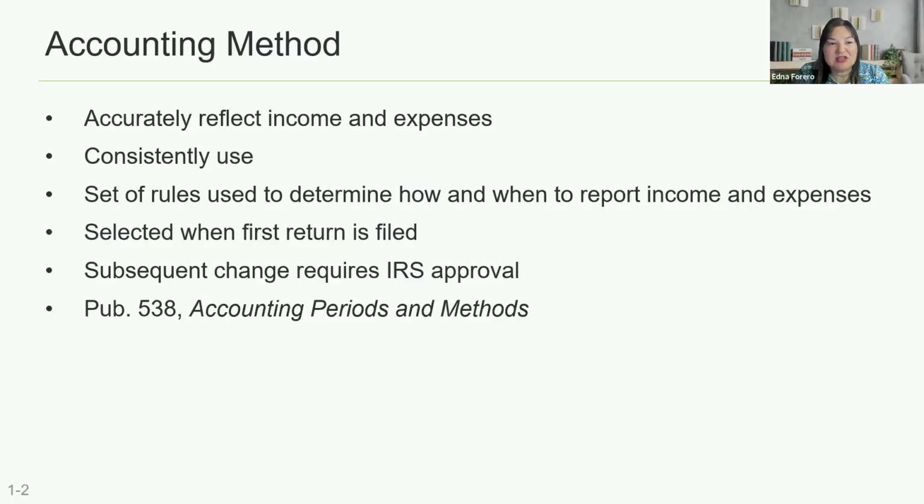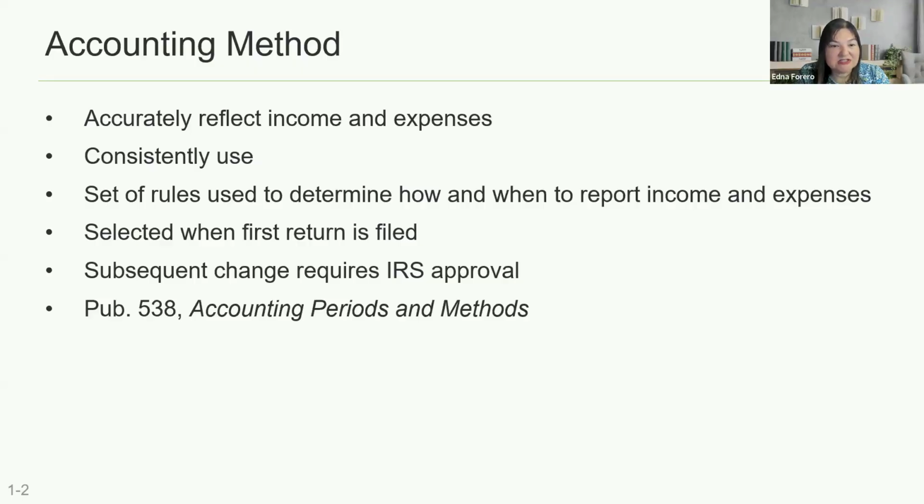And we want to make sure that they are consistently using that accounting method. We can't make that choice for our clients. We want to make sure that they choose something that works best for them. But we've got to make sure that when they select it, it's done when the return is first started, and that they continue to maintain that same set of rules throughout the life of their business.